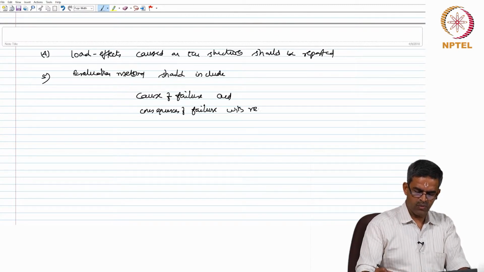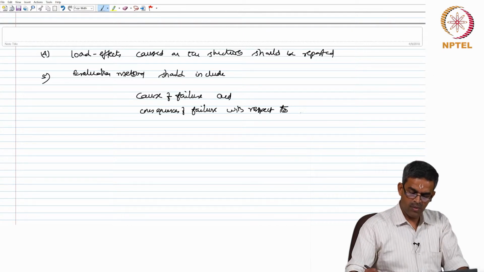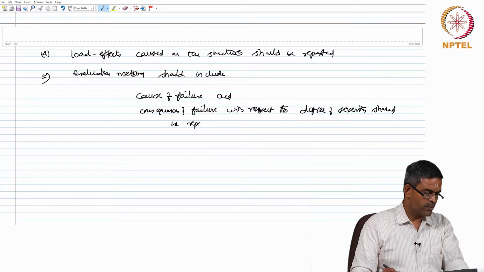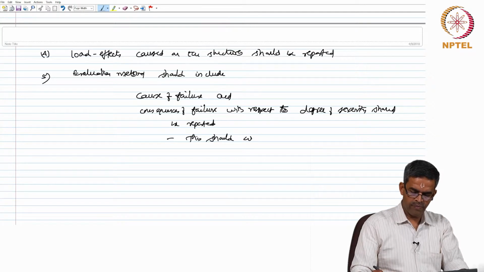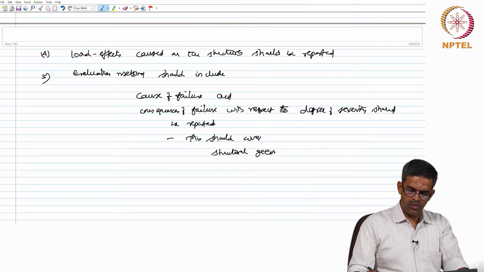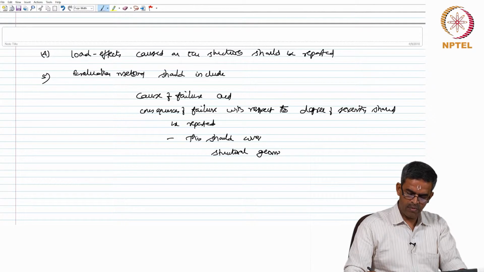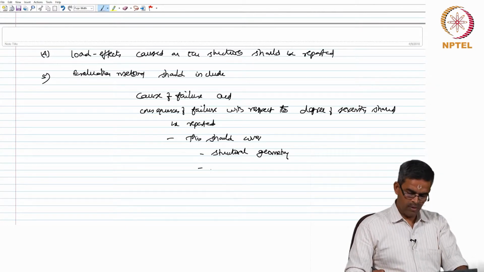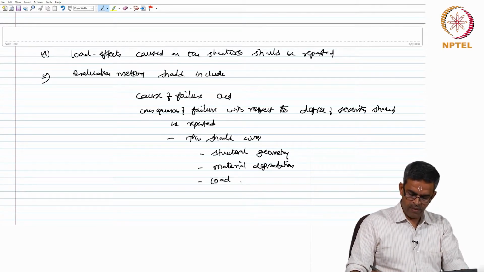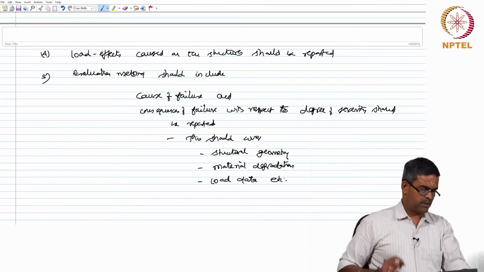With respect to degree of severity should be reported, and this should cover problems related to material degradation, load data, etc.